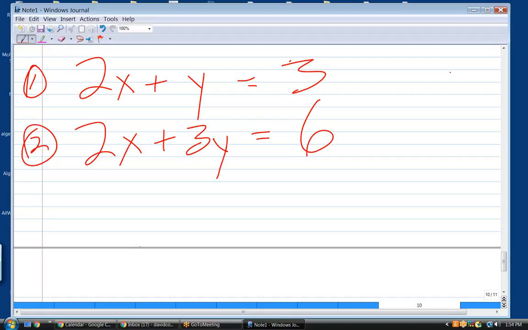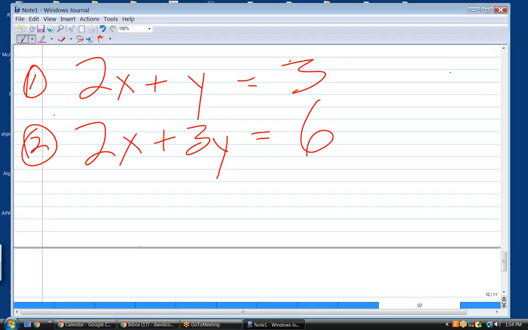So are we going to solve this by elimination or substitution? By elimination. Correct, because it's in standard format. Now, which variable can I eliminate? X. Okay, by doing what? Subtracting. Exactly.